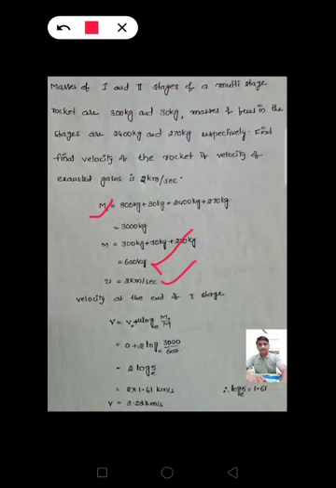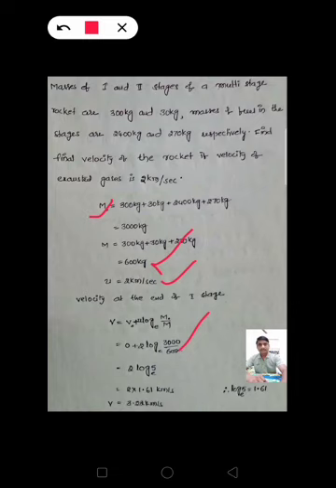Right, now the velocity at the end of the first stage, v is equal to v0 plus u relative log e m0 by m. Here the initial velocity of the rocket is 0, so v0 is equal to 0 plus u relative, which is 2, into log e 3000 by 600, which gives 5.